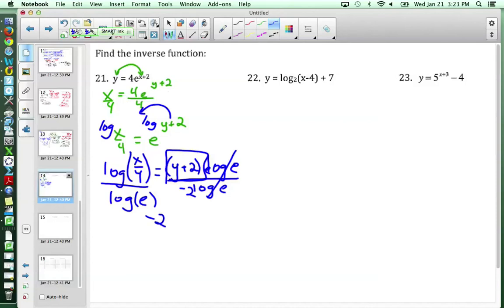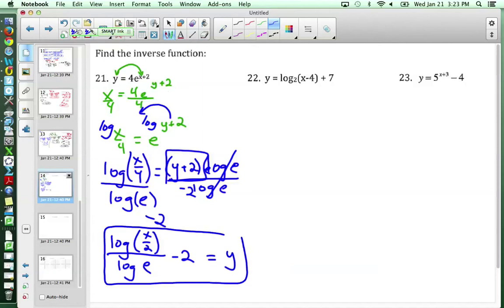So our final inverse, we get the log of x over 4 divided by the log of e minus 2 is equal to y. So there's a lot going on there. But if you just take it step by step, solving one piece at a time, it shouldn't be too much trouble.